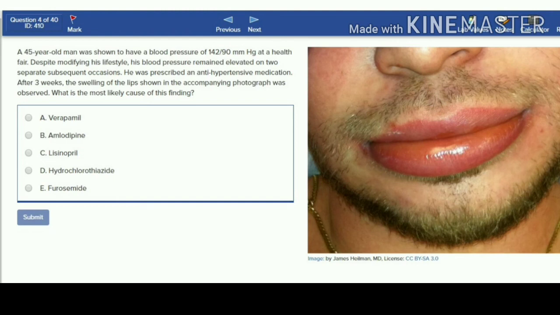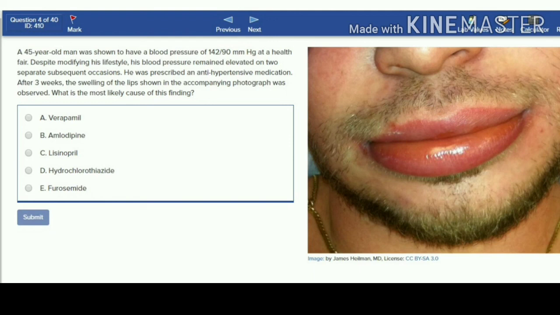So this causes the fluid to ooze out, to leak out, and this condition is angioedema, and the common side effect is angioedema. Angioedema starts mostly from the facial region, because the skin there is loose and not so tight, so it appears on the face, the lips and tongue.